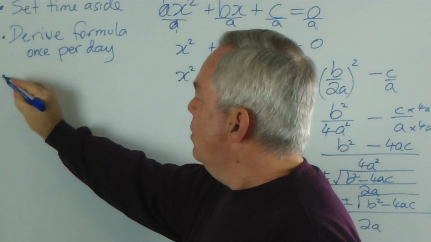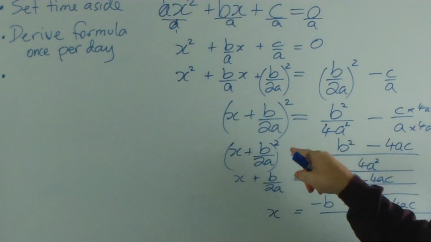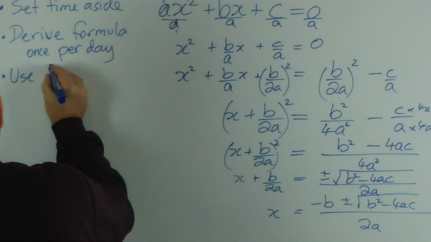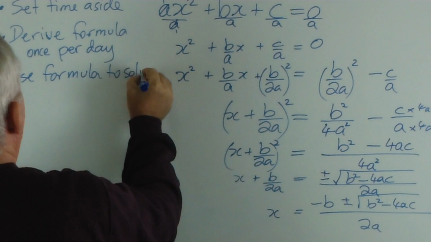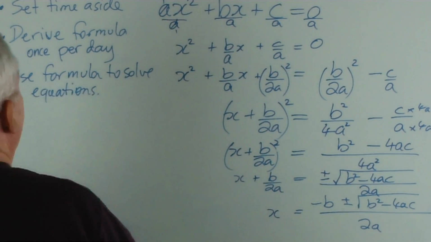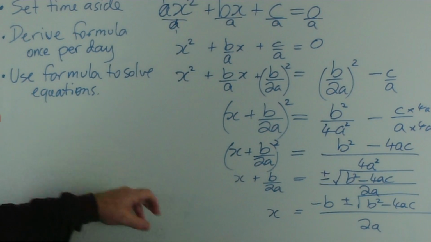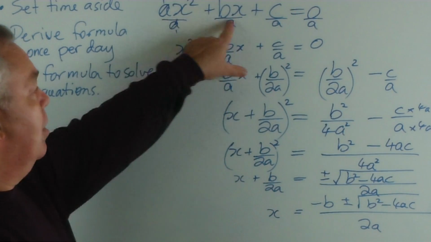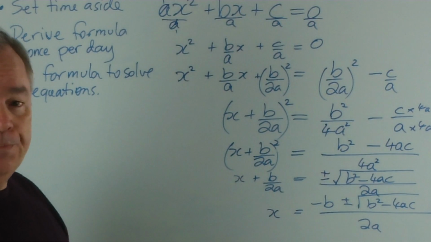The third principle, there are 4, the third principle to learn this well is, at the same time as you do this, to use the formula to solve equations. That means get your textbook, find the exercise where you're given a whole lot of these quadratic equations to solve, and do a handful of them.